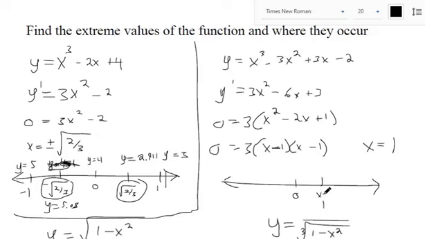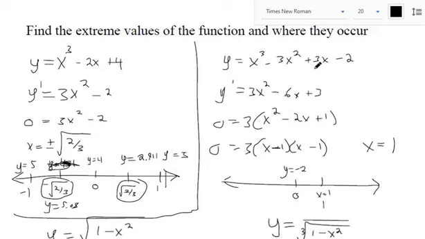So here's x equals 1. Let's find out the y value when x equals 0. That's a point to the left. If I plug in 0 into the original function, 0 minus 0 plus 0, that's going to be negative 2. And then what's the y value when x equals 1? So 1 minus 3 is negative 2.